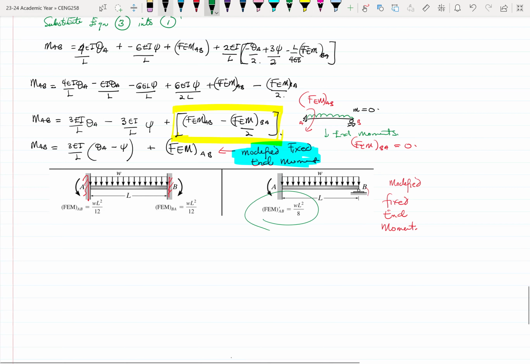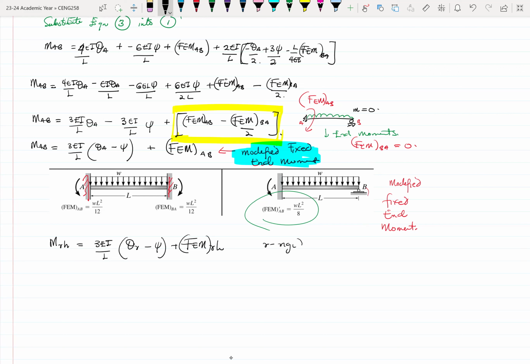So I can rewrite this equation into a more general form: M_RH is equal to 3EI over L times (theta_R minus psi) plus the fixed end moment FEM_RH, where the R stands for the rigid end and the H stands for the hinge or pin support.